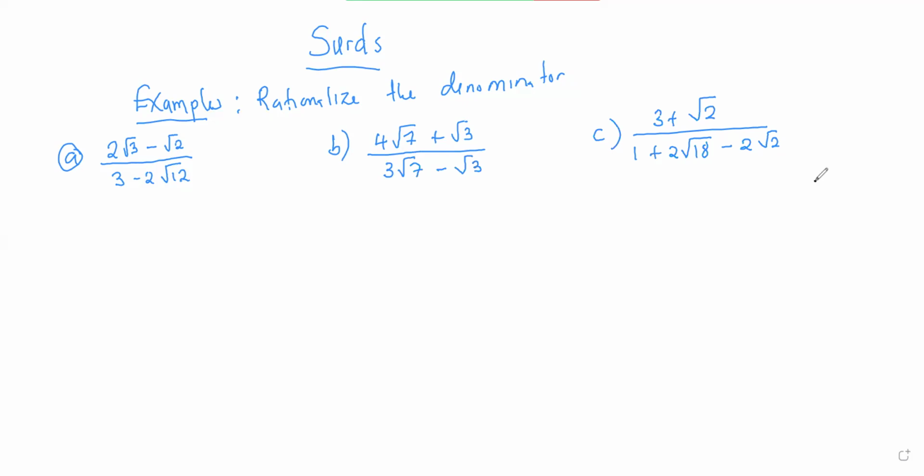For the first one, the denominator is 3 minus 2√12. So we can try to see if we can reduce that √12.